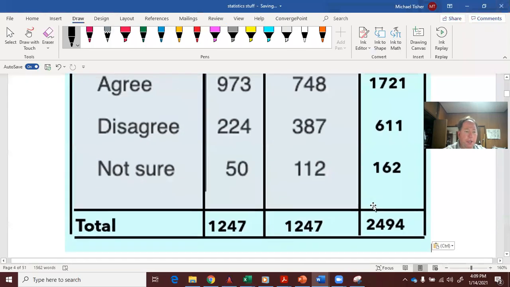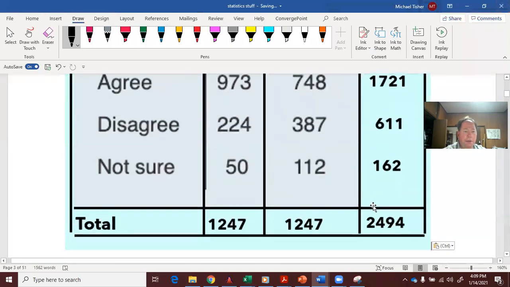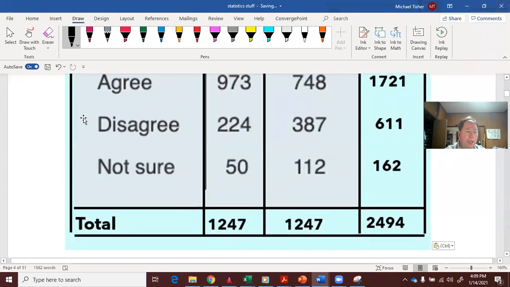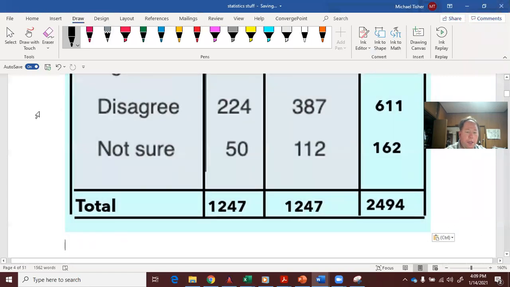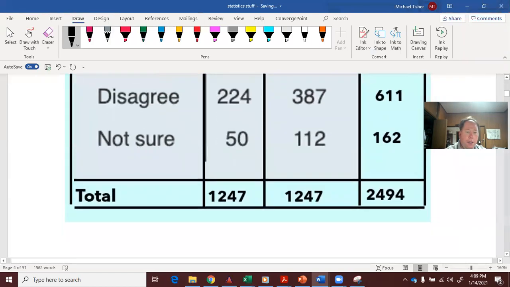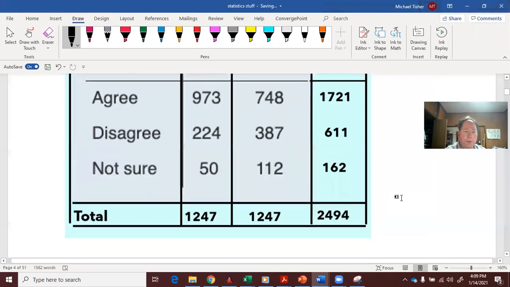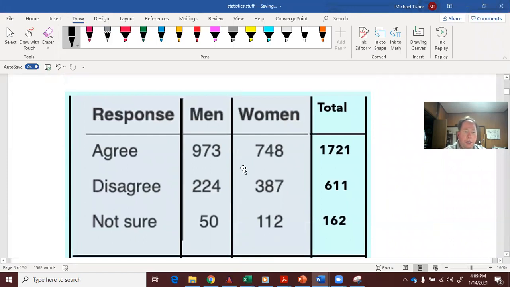All right, okay, so we're going to find the probability of having a man that agreed, right? It looks like here that 973 men agreed. And we want that out of the total of everybody, whether they're men or women or however they responded.